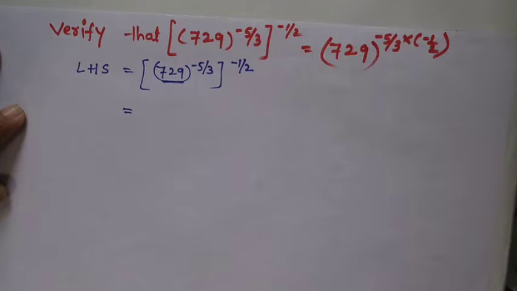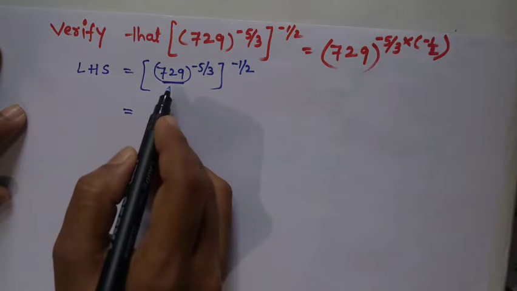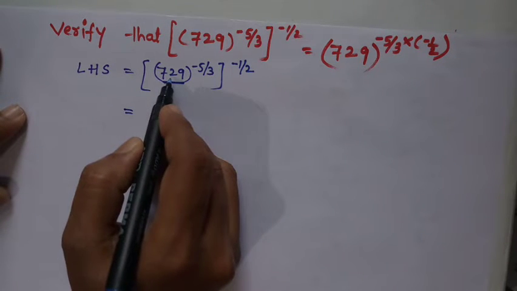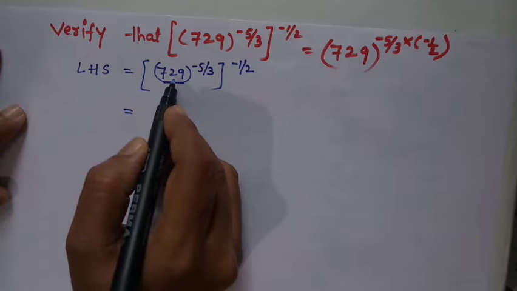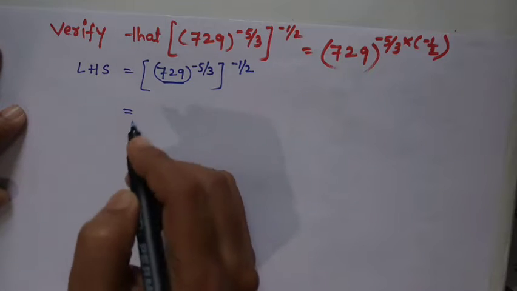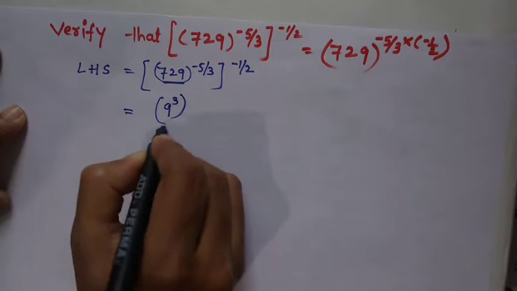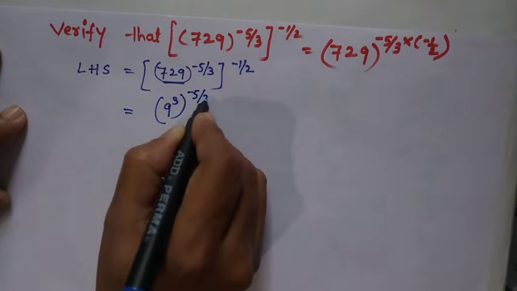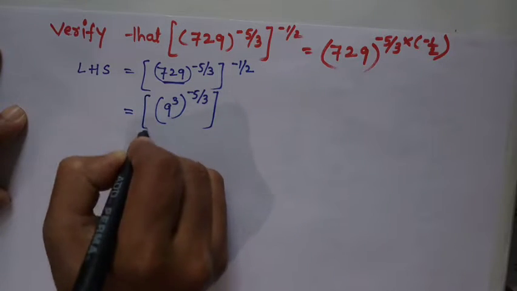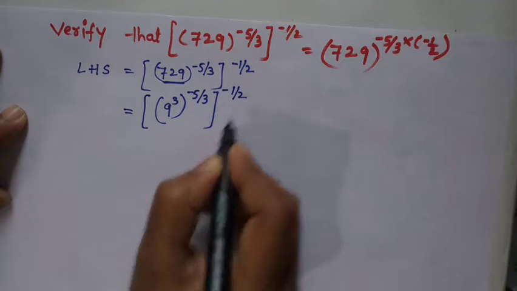Looking here, 9 nines are 81 and 81 nines are 729. So this is the cube of 9. So 9 cube to the power minus 5 by 3, whole to the power minus 1 by 2.